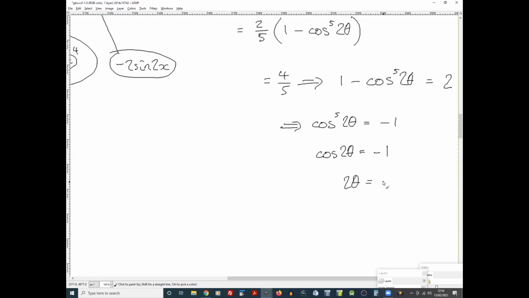Oh, 180 degrees. In radians, pi. Yeah. And so now we see what they were reassuring us, that we only need consider final answers between 0 and pi. And our final answer is pi over 2.